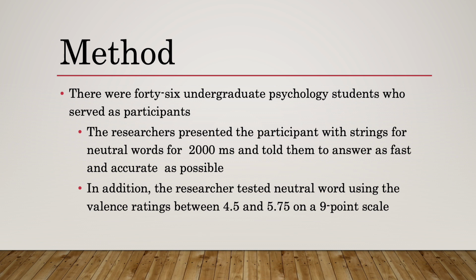The researchers presented participants with a string of words for 2000 milliseconds and asked them to answer whether it was concrete or abstract as fast and as accurately as possible. In addition, the researchers tested neutral words using a valence rating between 4.5 and 5.75 on a 9-point scale.